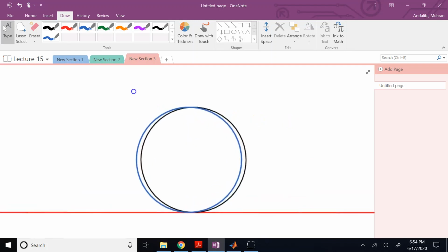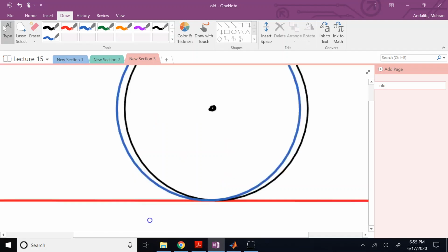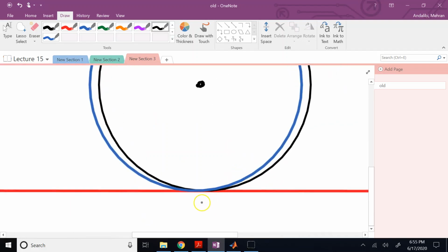Okay, so here the black is the original disk and the blue is when it moved a little bit. So on the black one, if I say this is the center of the black, then right below it I call this point, and here it is actually not easy to see the contact point, but let's say this point here is the contact point, and then for the blue maybe this is the contact point.